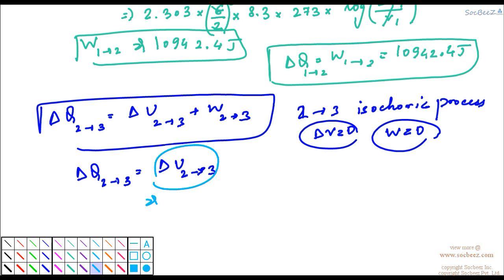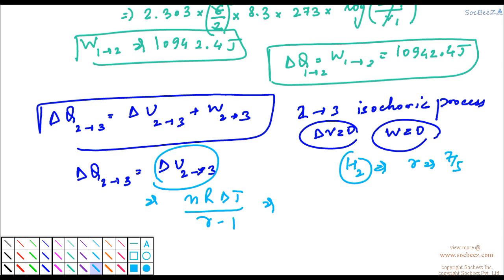Basically, we have to find delta U, which is given by nR delta T upon gamma minus 1, right? And which could very easily be calculated, right? And hydrogen gas is basically H2, therefore it's a diatomic molecule. We have gamma is equal to 7 by 5. So moles are given to be 6 by 2, that is 3 moles into 8.303.